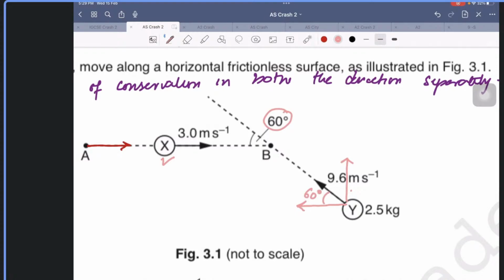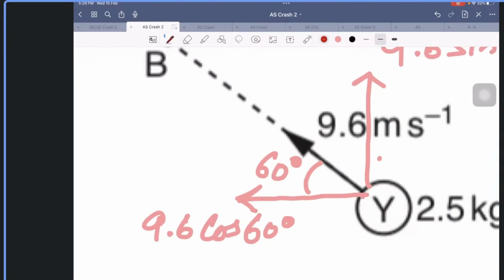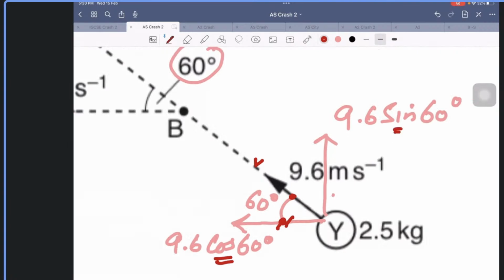So this makes it 9.6 cosine 60, and this one is 9.6 sine 60. And how do I know which one is cosine and which one is sine? By just looking at the angle. The angle is made between the original vector, which is the speed, and the component next to it, which is cosine, and the one that is not next to the angle will always be sine. All right, Laiba, is it clear?